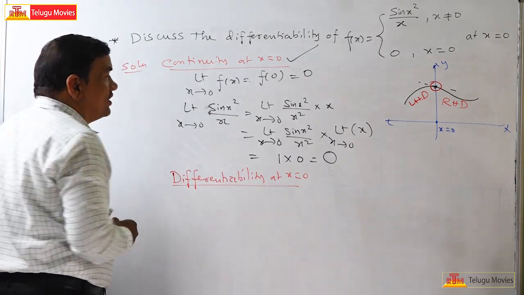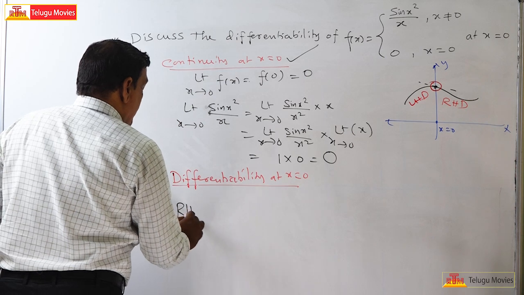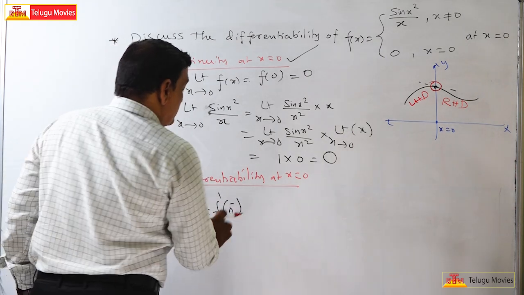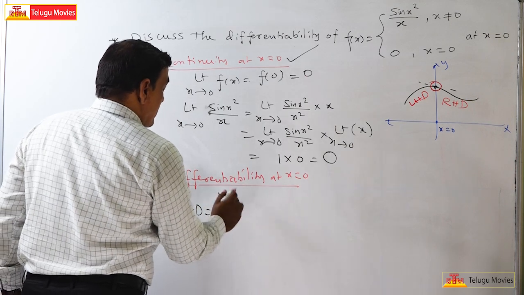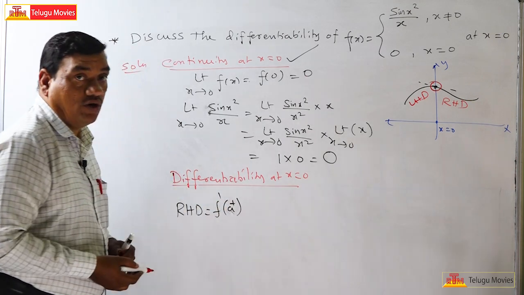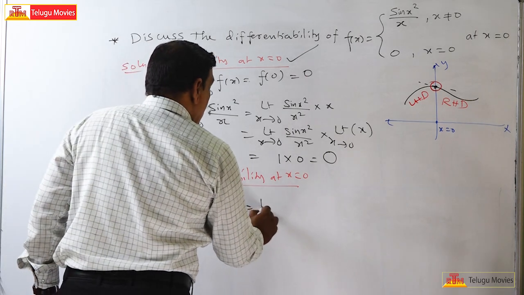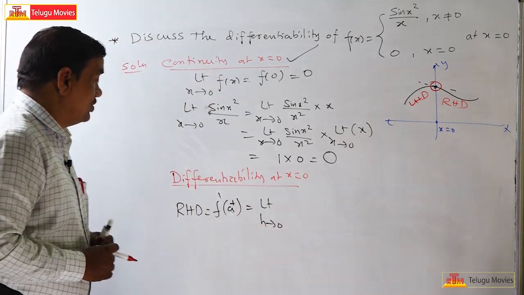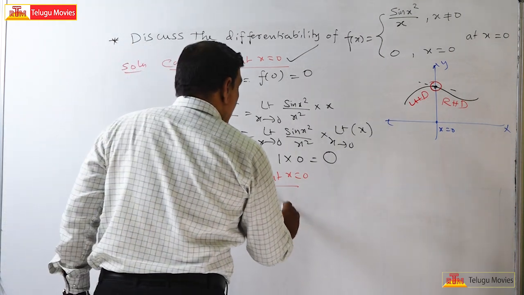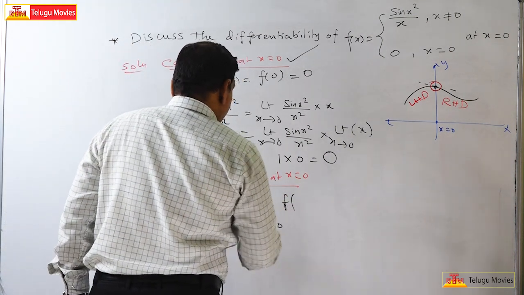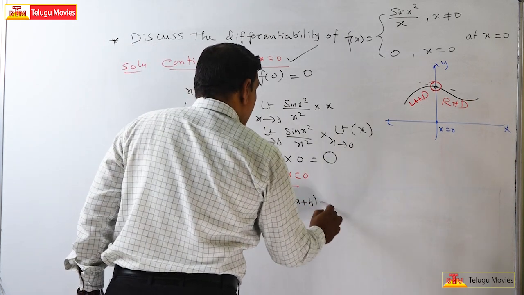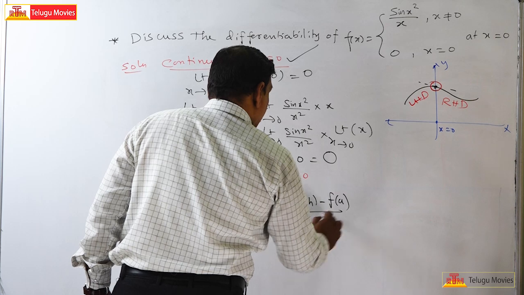Let us find the right hand side derivative, RHD, that is f dash of 0 plus. First I will write down the formula: limit h tends to 0, f of a plus h minus f of a by h.